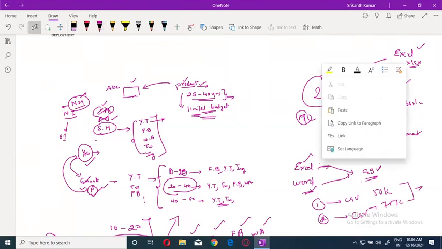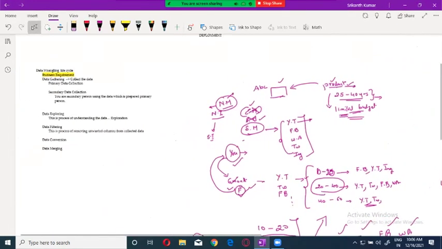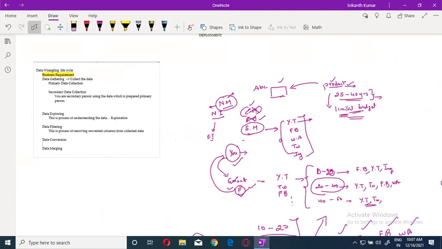Now what will I do? I will merge it over here. Now, why is conversion required? Because the source of the data may be in different file formats, so we have to convert into a common format. This is the process of converting the different source files into a standardized file, into a standard format.